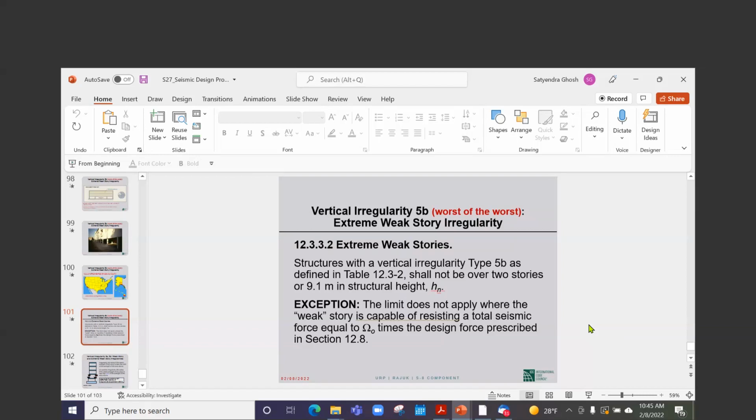Okay, Dr. Ghosh. And a subsequent question to this is, for drift computation, which load combination do we need to check? So I don't know why this keeps coming up.